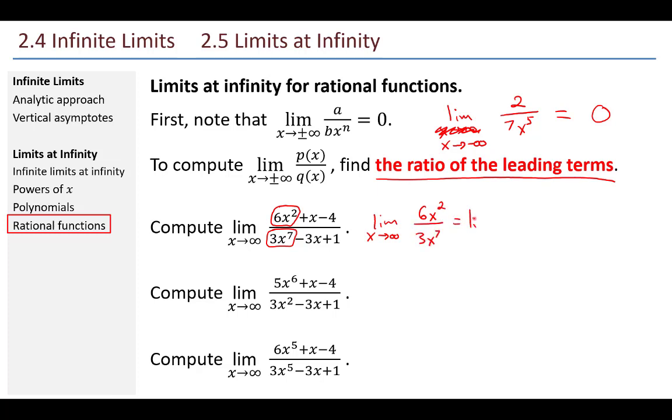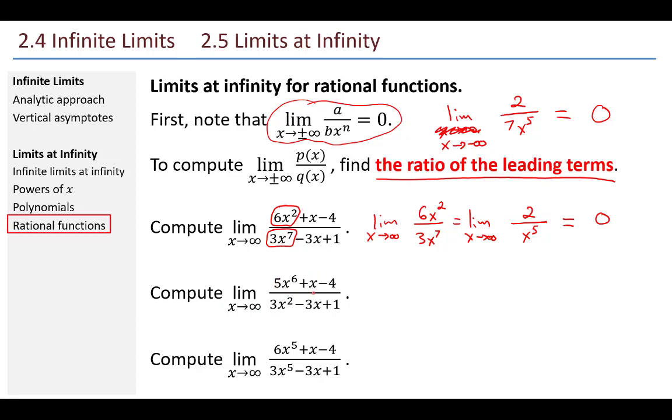Let's see, 6 over 3 is 2, but you know what? The larger exponent of x is in the denominator, so that's really like 2 over x to the 5th power. And now I can use my fact from above that if I have all my x's in the denominator, that limit is 0.